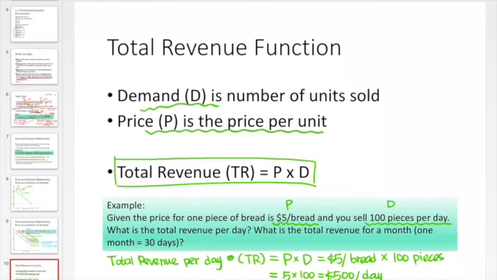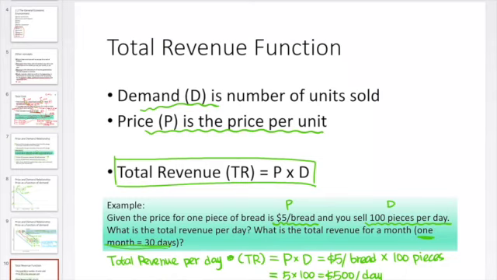Okay? And what about the total revenue per month? Total revenue per month, and the assumption is 1 month equals 30 days.